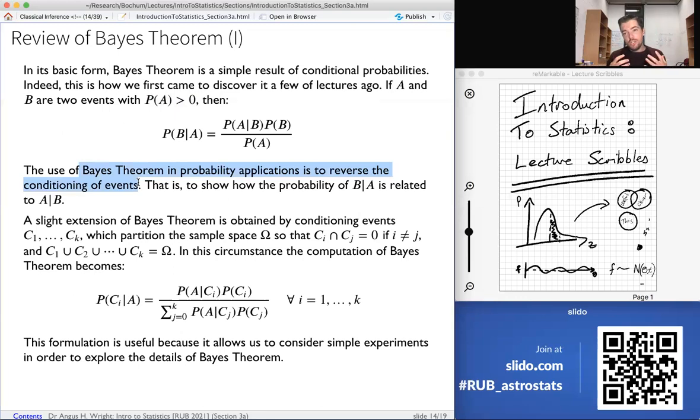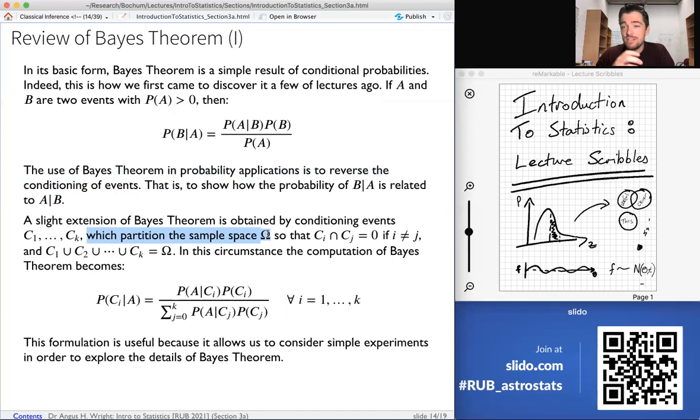Now, there's a really useful extension of Bayes' theorem for educational purposes, less useful when we're actually doing this in the natural sciences. It takes us to a very specific case of experiment where you have K possible outcomes, C1, C2, C3, all the way through to CK, and these outcomes partition the sample space.